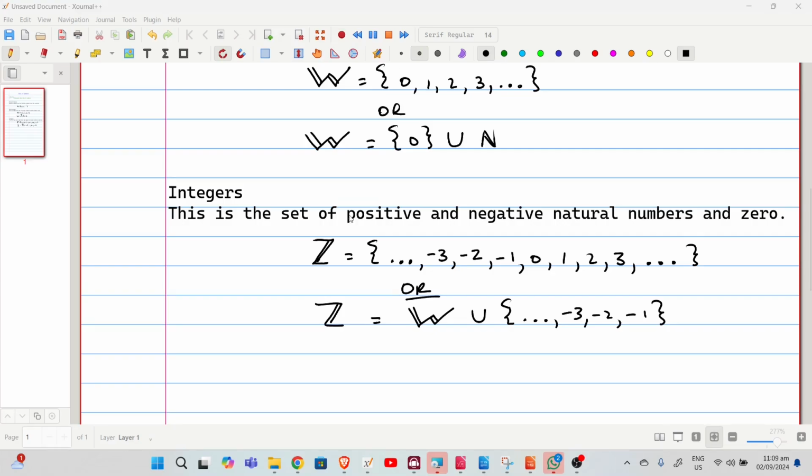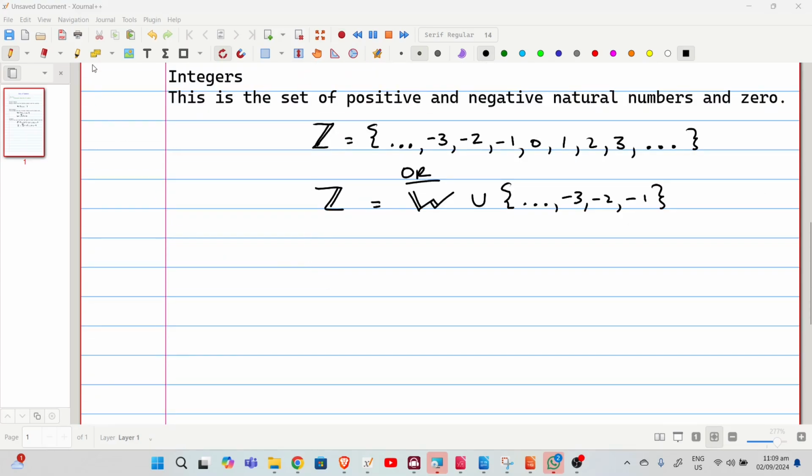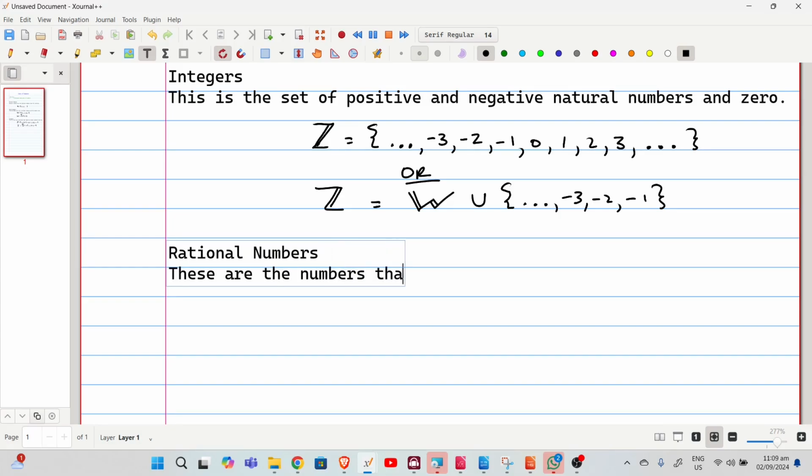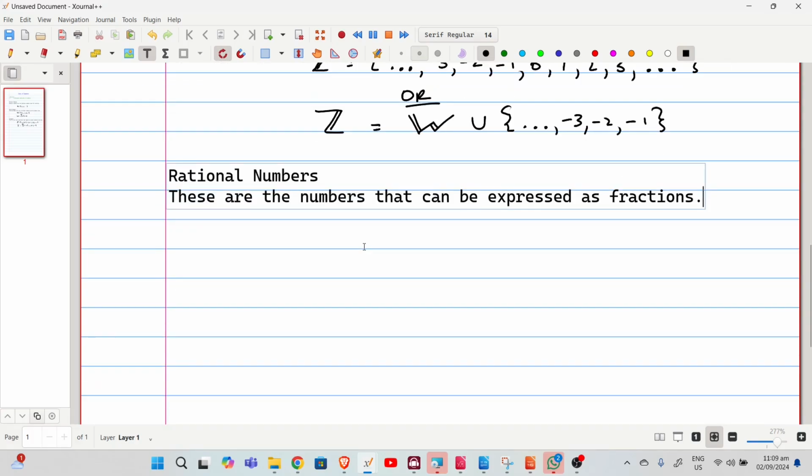After integers, we have to talk about rational numbers. These are the numbers that can be expressed as fractions. Then you have your double struck Q as the symbol for this set of rational numbers.